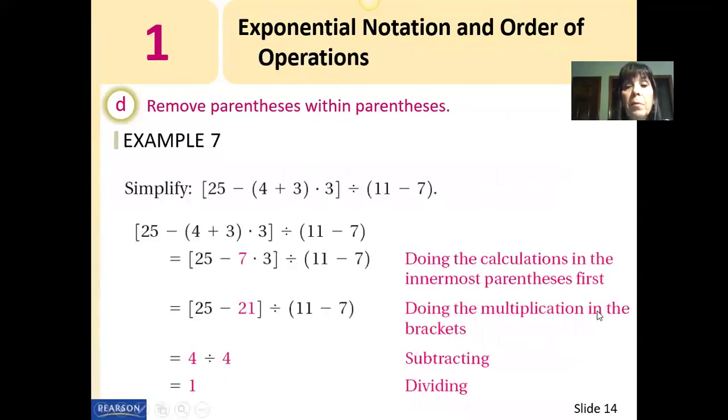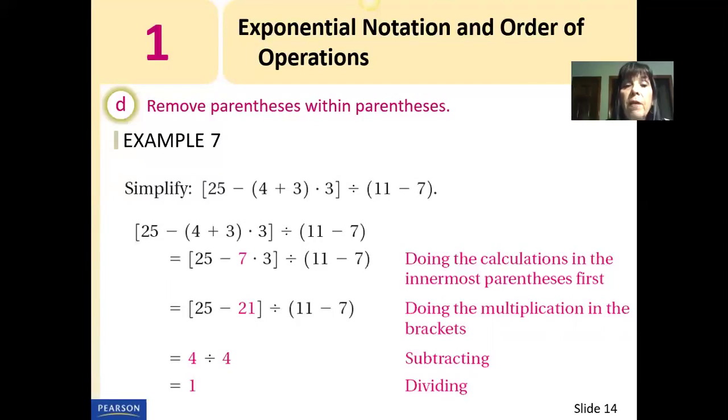So in this example, again, this looks pretty crazy. If you look through there, there's a set of brackets, there's a set of parentheses, and then there's another set of parentheses on the right. So if I look at the left, I go to the innermost parentheses first. So if I look at just the expression to the left of the division sign, I look inside the brackets and I find that there's a parenthesis.